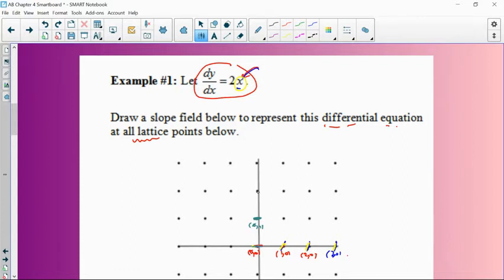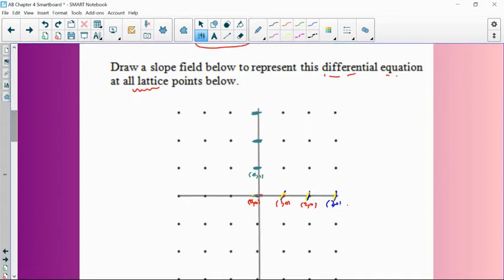At (0, 2), its x value is 0. At (0, 3), its x value is 0. In this particular differential equation, it's just the x that's going to affect the slope. Down at (0, -1) has a slope of 0. (0, -2) would have a slope of 0. (0, -3) would have a slope of 0. So it can be a bit efficient.